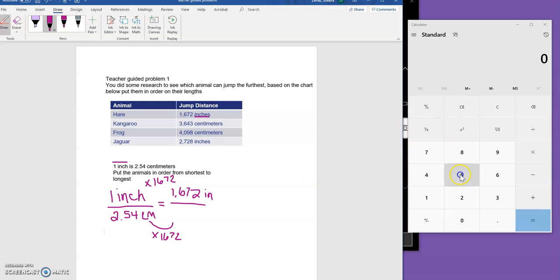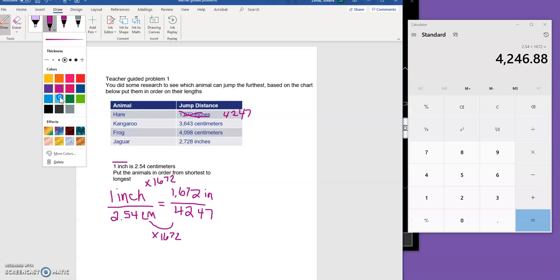You can now complete that on a calculator. I'm going to round that to 4,247 centimeters, and I'll record that in my table here as well. Then I can cross that off because I don't want to deal with inches.